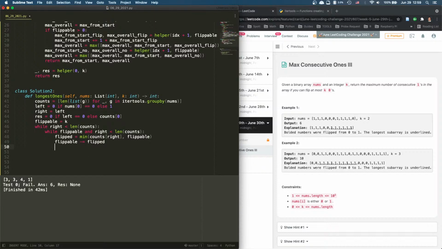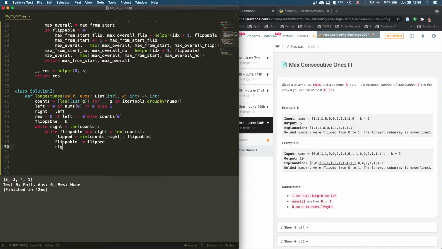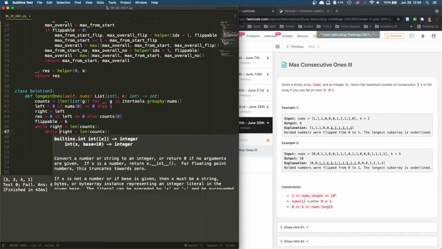And then right plus equal to 2, else gonna break. So we don't have to check, we just have to check this.